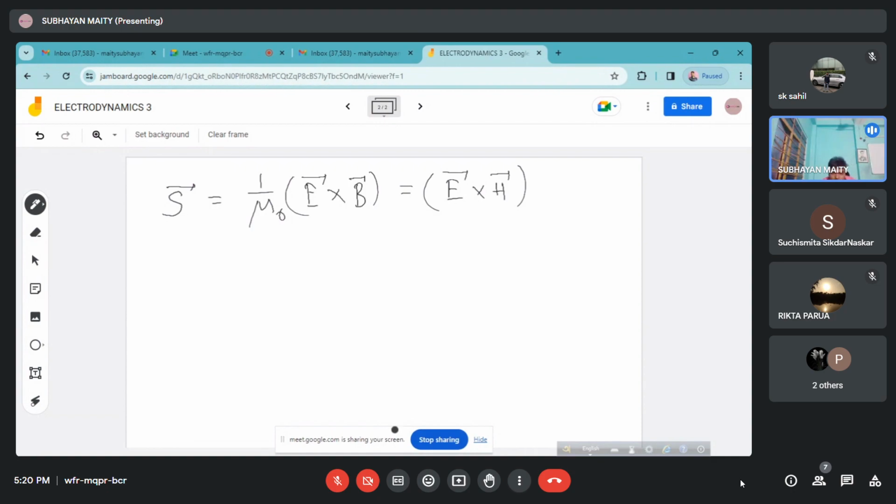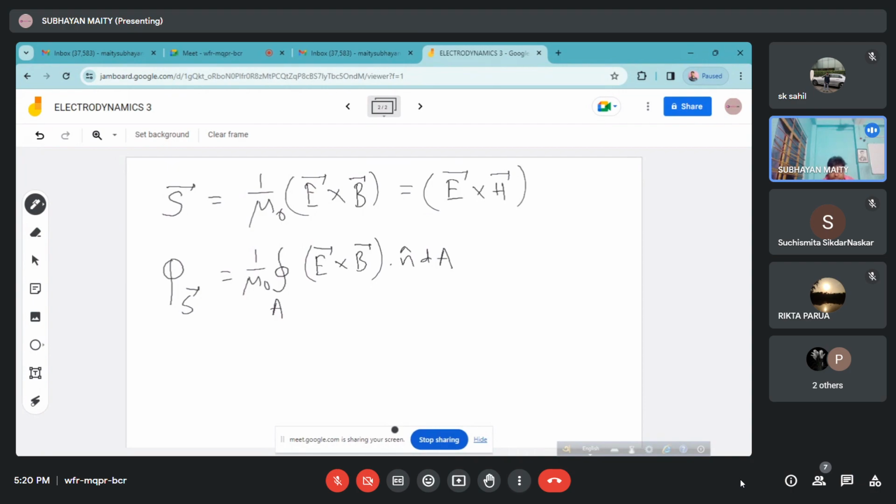Now try to find the flux of this vector, the flux of S, which is the integration over a closed surface A of 1 by mu naught E cross B dot n cap dA.